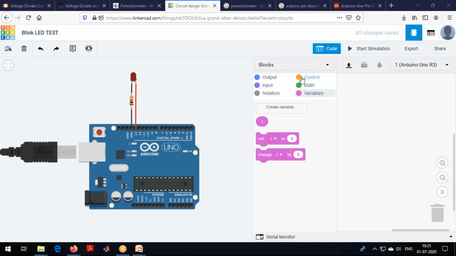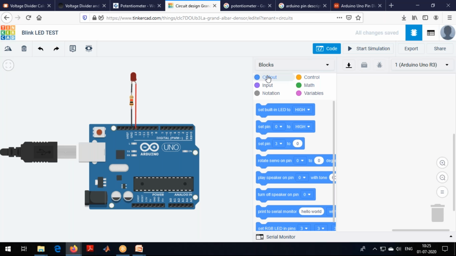Okay, so I need to go to output block. Okay, first we need to check whether it is output or input. If you feel like this is output, you need to go for the respective thing. Okay, now it is connected to 13th.